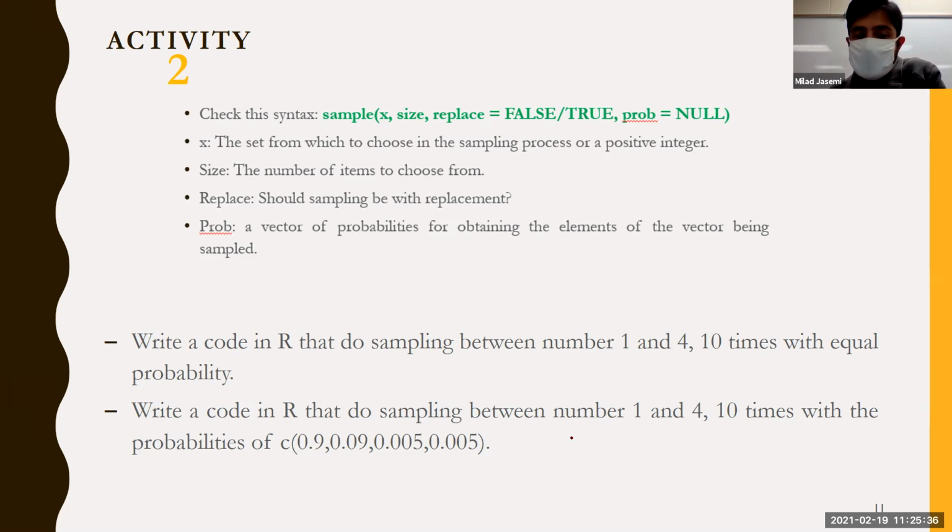But here, since the probability of 1 is 90%, and for example the probability of 4 is 0.05, we want to see most of the 10 elements be 1. Go ahead and check the results.